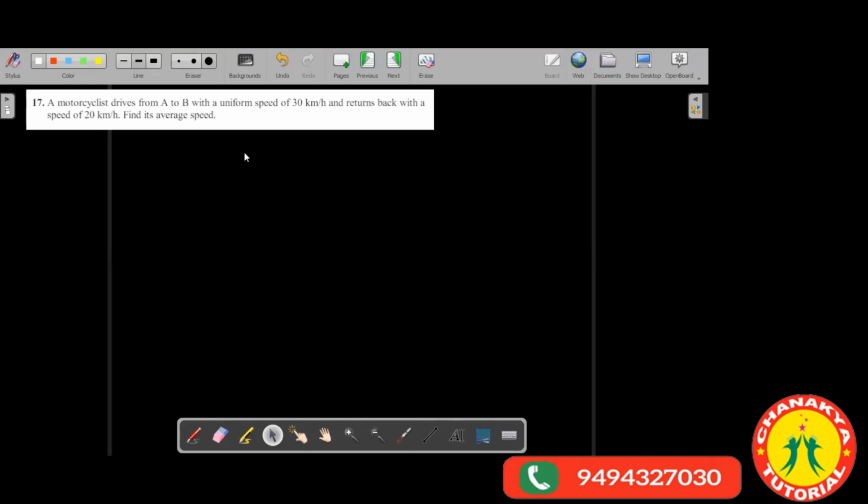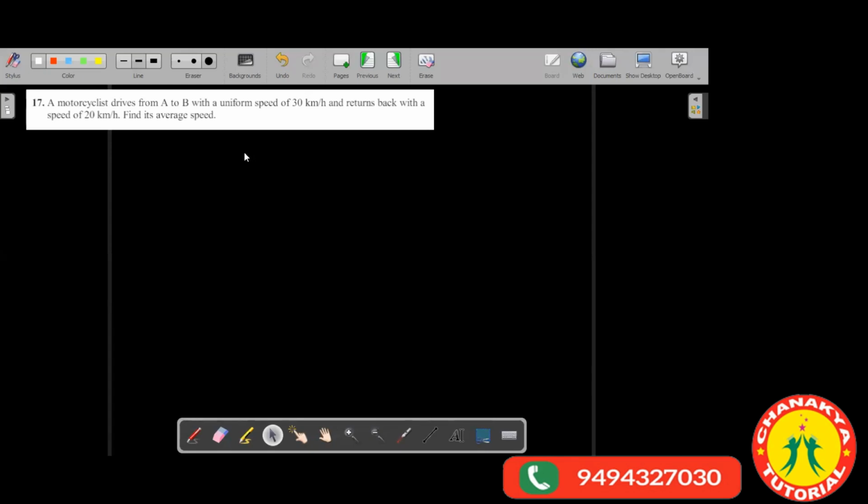Find its average speed. So it's moving from A to B with a speed of 30 km per hour and returns back with a speed of 20 km per hour. You have to find the average speed.